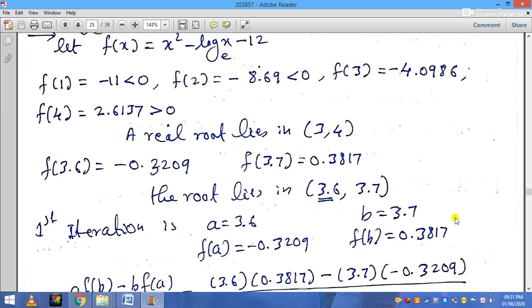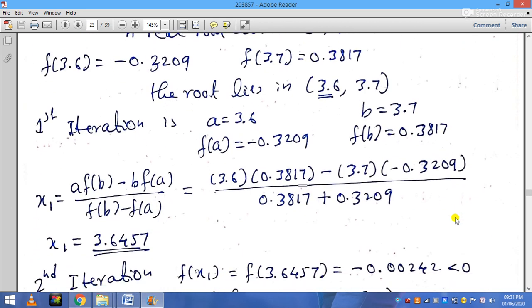Then put a, f of a, b, f of b in the regula falsi method. That is x1 is equal to (a into f of b minus b into f of a) divided by (f of b minus f of a). Here x1 denotes the first iteration. Put a value 3.6, f of b is 0.3817, b is 3.7, f of a is minus 0.3209, divided by 0.3817 plus 0.3209.